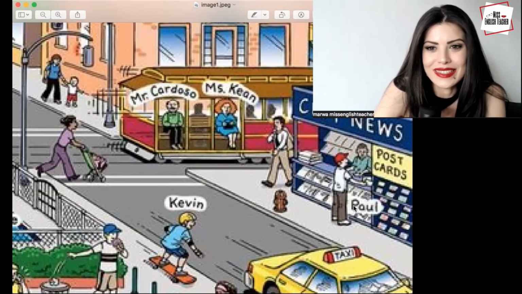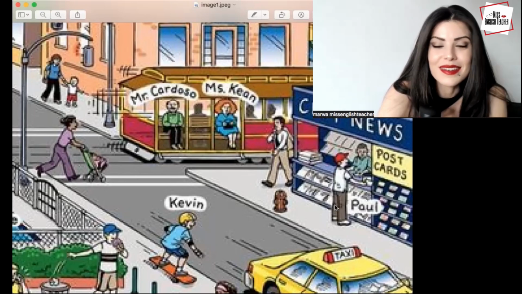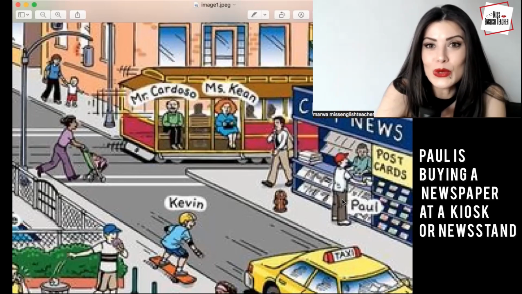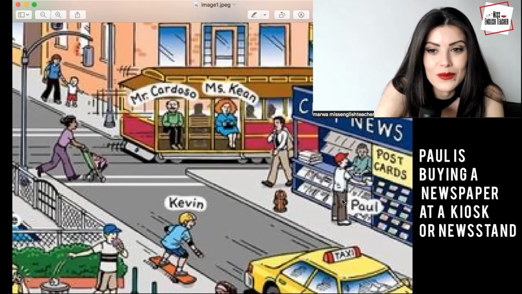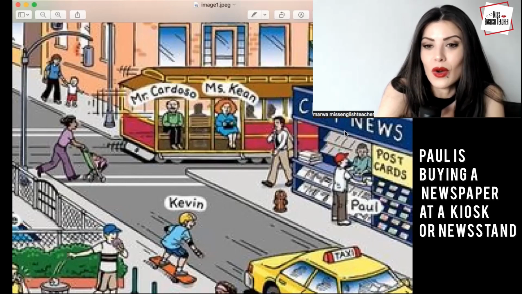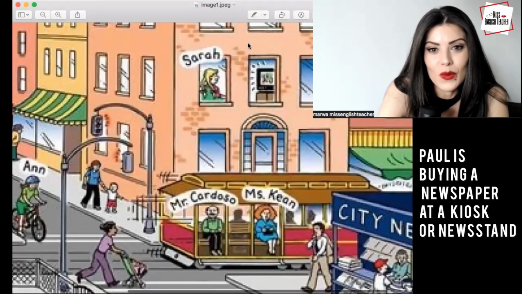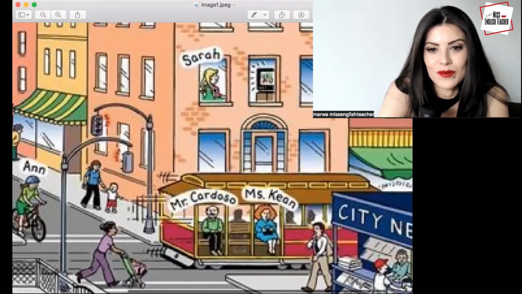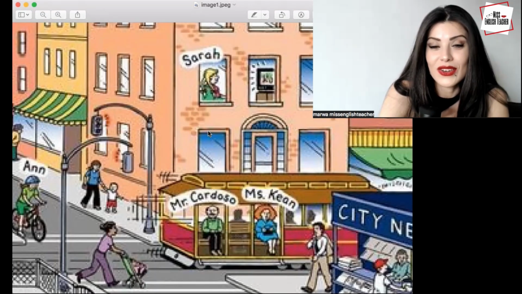What is Paul doing? So Paul is buying a newspaper at a kiosk. Yeah, so this place is called a kiosk. Now, what about Sarah? Good.